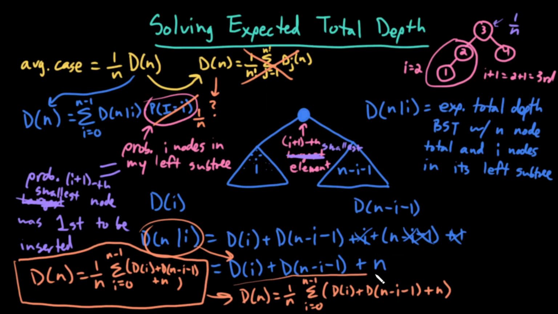I'll circle this one. Even though this recurrence relation looks complicated, it's at least a closed form recurrence relation only depending on d of some input. It only depends on the expected total depth.